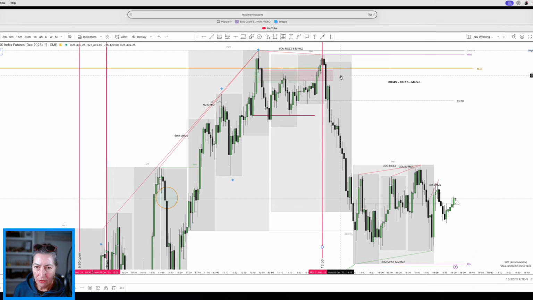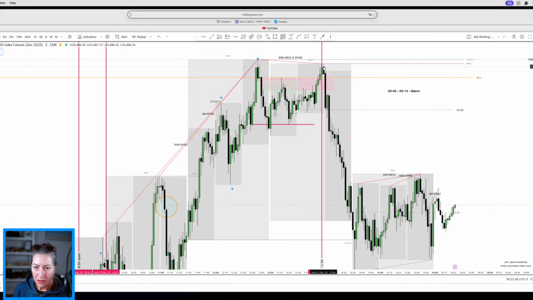I could have looked at taking a trade when price came back into this CISD and BISI. It went a little bit outside, but it still stayed below this high here. So the reversal was in at 1356.